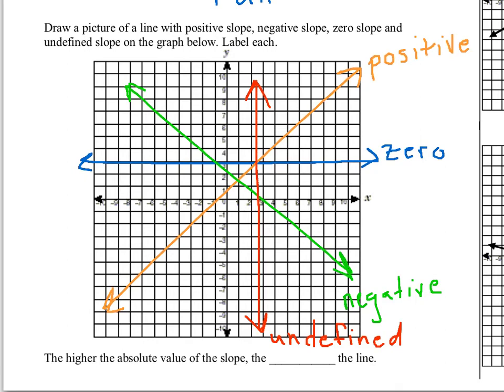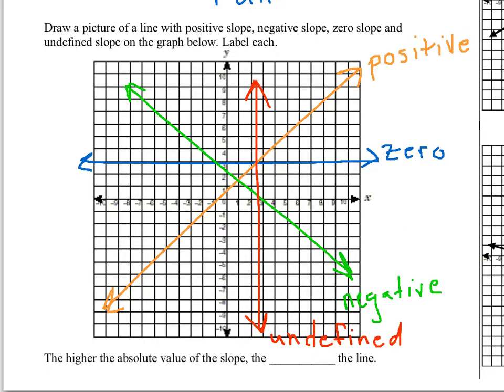When he gets to the bottom of that vertical line, he will no longer be defined because he will be dead and splattered all over the bottom of the canyon. So that's the way that I like to remember it. If I can't remember the difference between 0 and undefined, I remember a skier skiing an undefined line, a vertical line is going to be undefined when he hits the bottom.